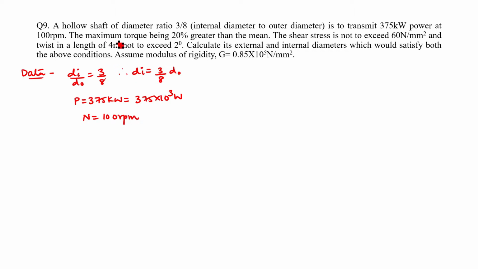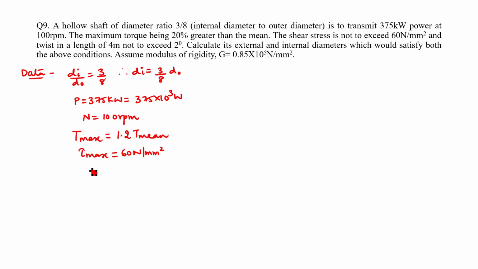The maximum torque being 20% greater than the mean. So T max is 20% greater, that is 1.2 times T mean. The shear stress is not to exceed 60 Newton per mm square, that is tau max is given as 60 Newton per mm square, and twist in a length of 4 meter not to exceed 2 degree.